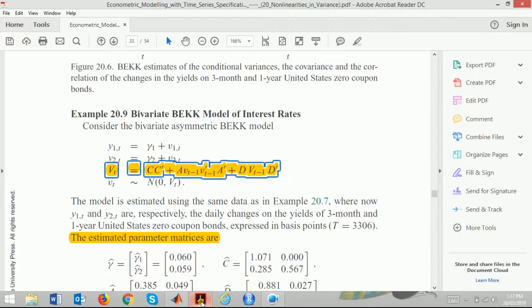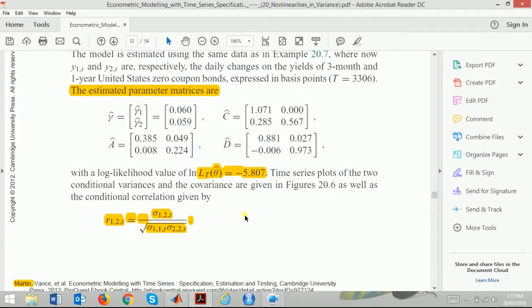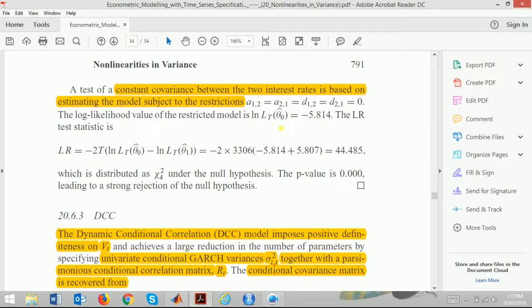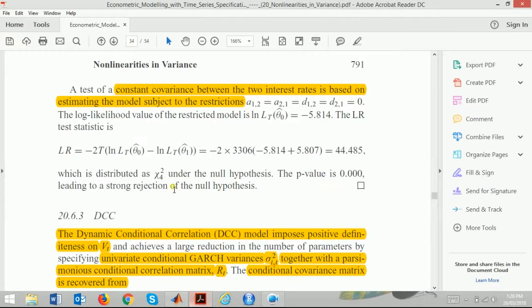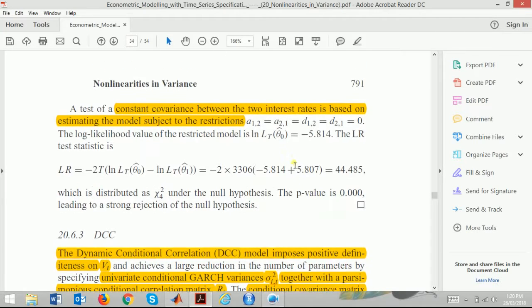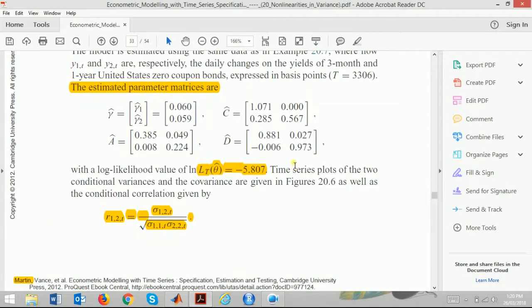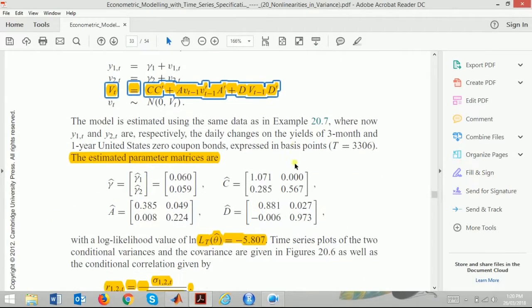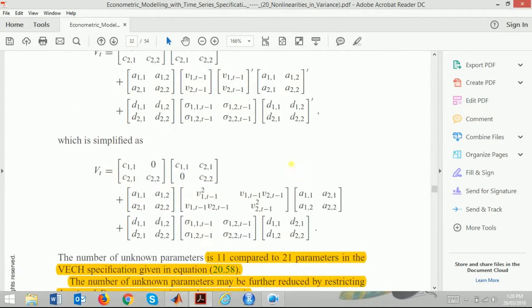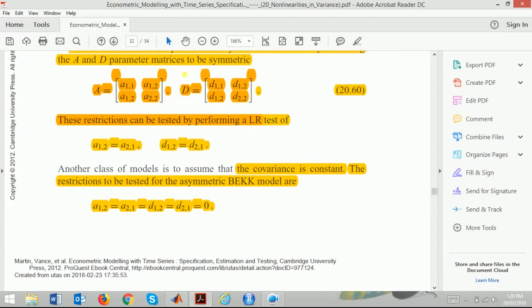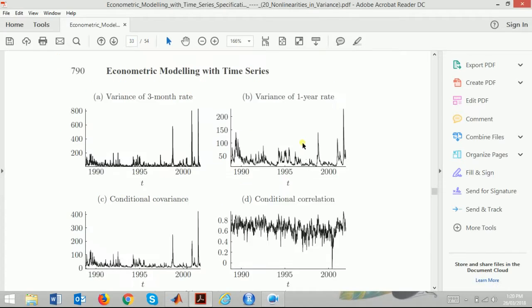Then comes the equation of the function, the log likelihood function. So the function is half log twice pi, half log determinant of H. Let's see, this is the log likelihood. However, the function should be mentioned somewhere here, right? I see in the book the function is not mentioned.